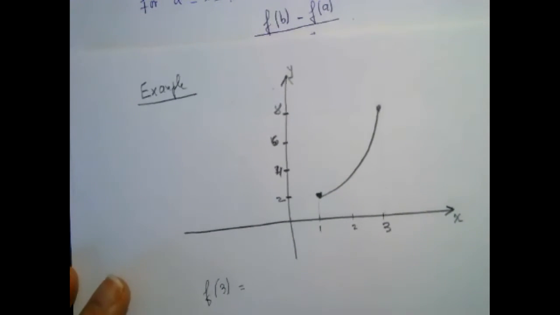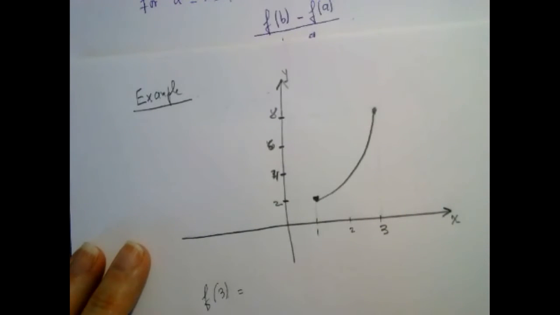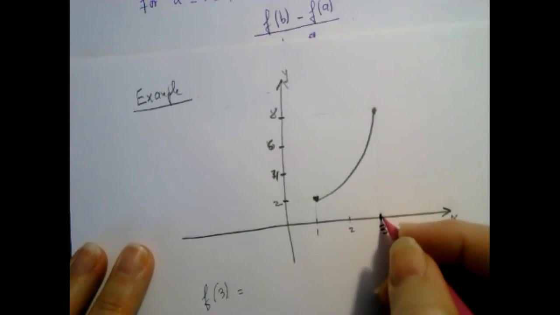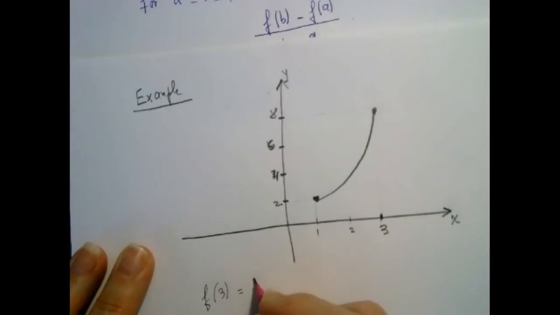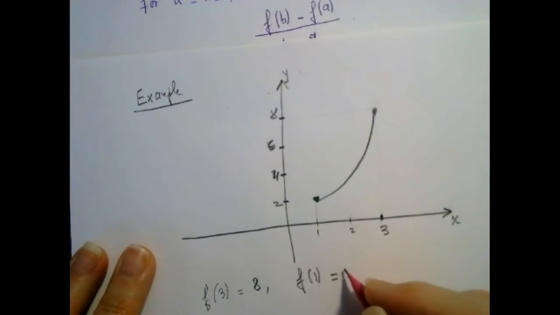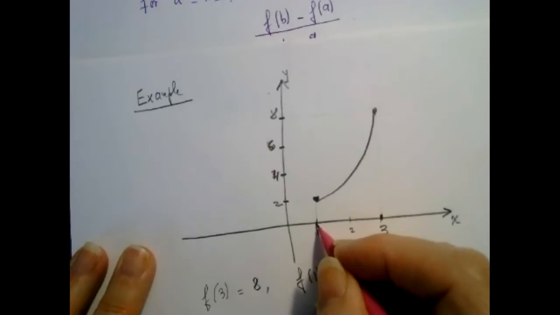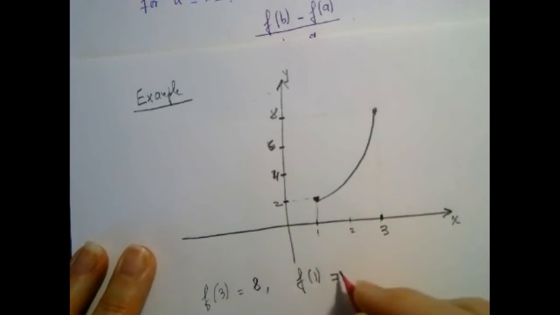Quickly. 8. Very good. Now, what is f of 1 in my problem? This is 1, 2. 2. This is 1. You go up 2 when you hit the graph.